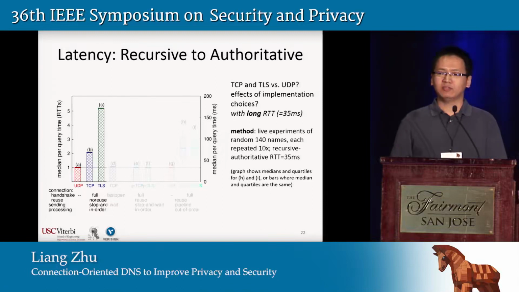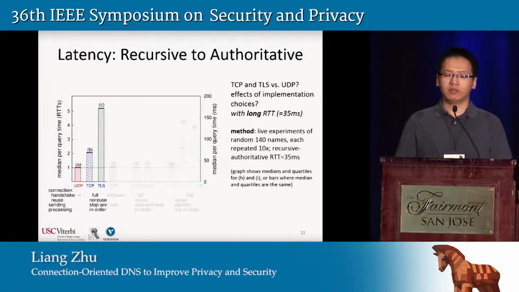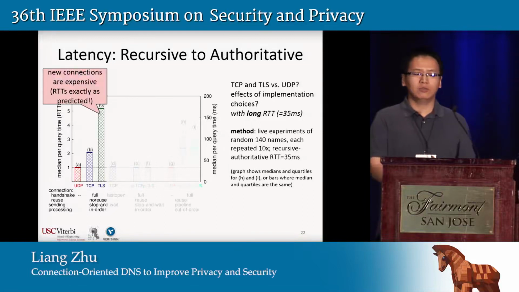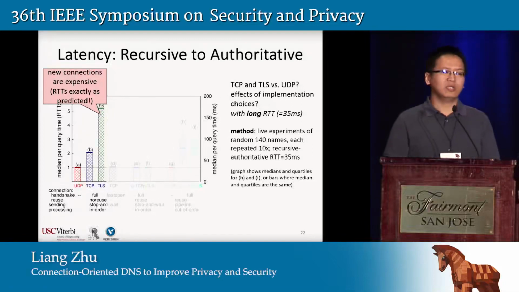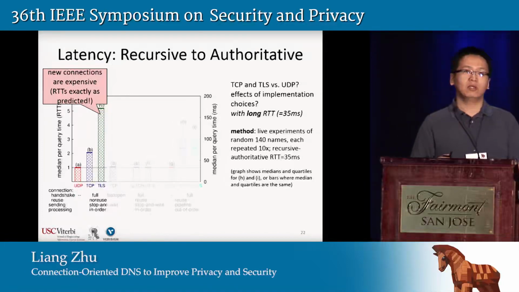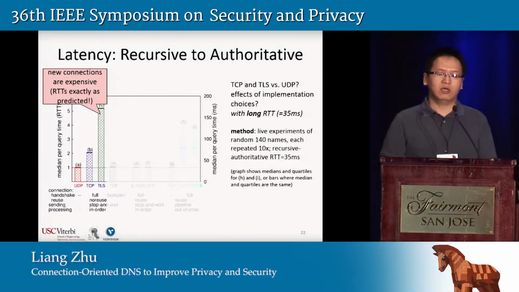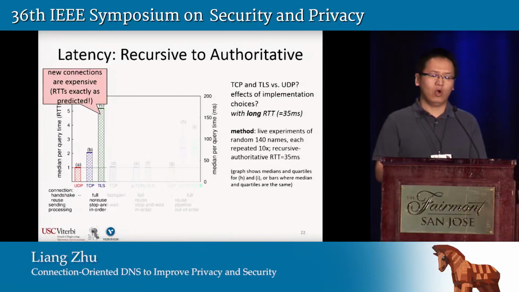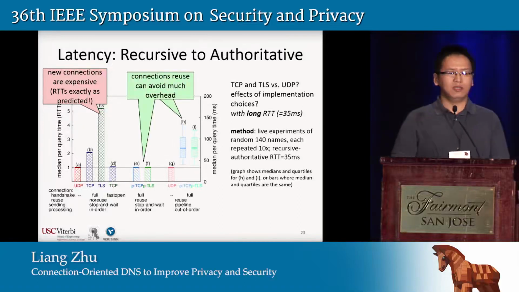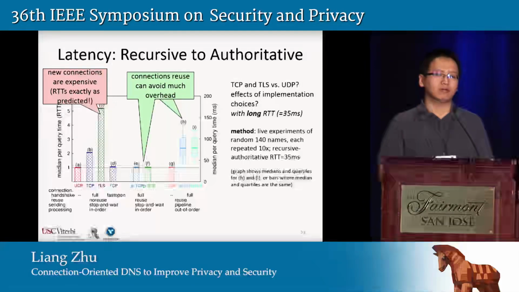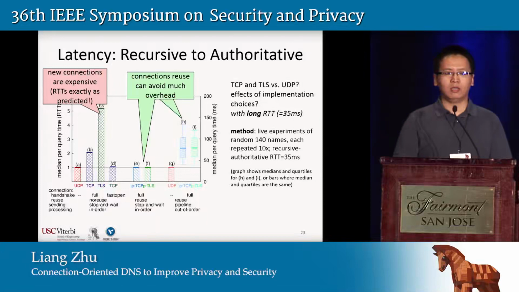Here we send a bunch of names to an authoritative server, and we find that a new connection is very expensive, and the extra RTTs are exactly as predicted, as the cost for the connection setup we have talked about before. And we also see that connection reuse really helps, and it can reduce the cost of the connection setup.